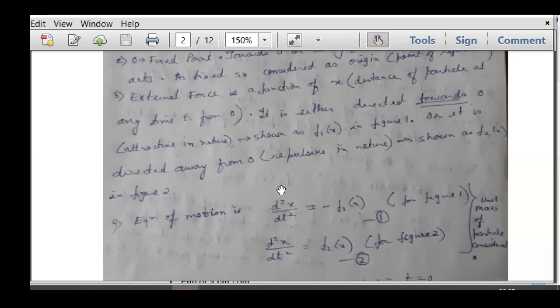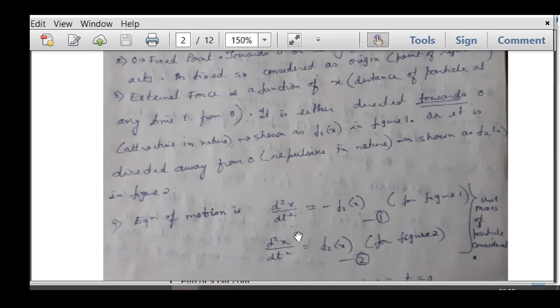Using Newton's second law, whatever external force is acting on the body is equivalent to the rate of change of velocity, that is the acceleration of the body. So this is the main equation of motion.